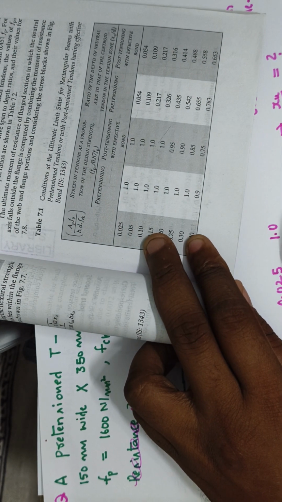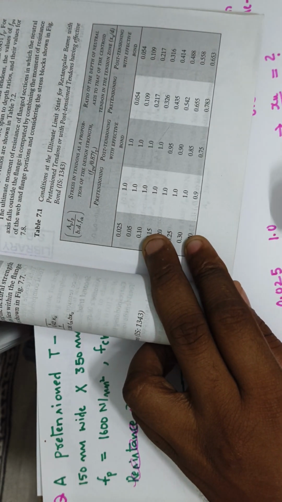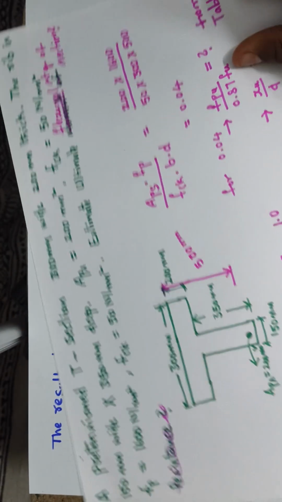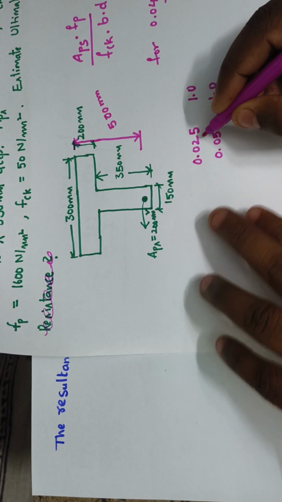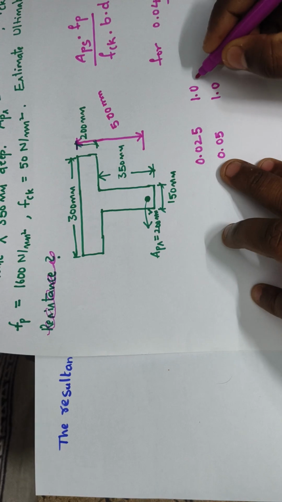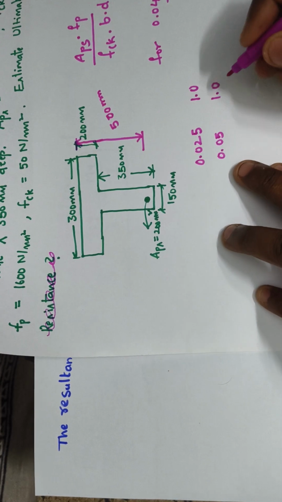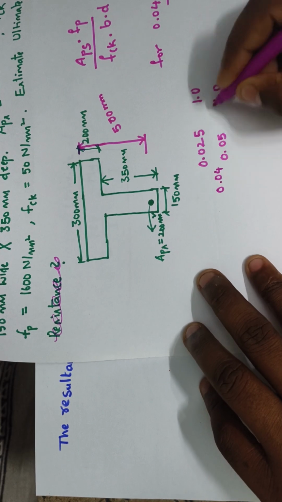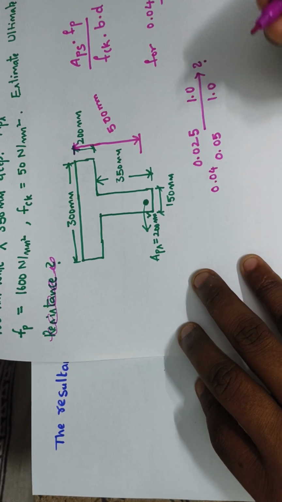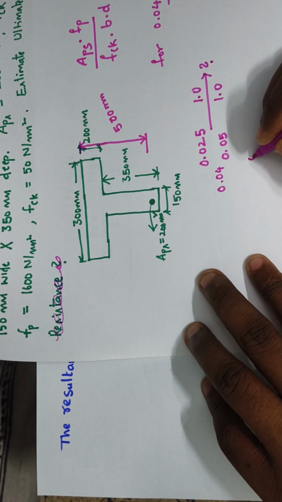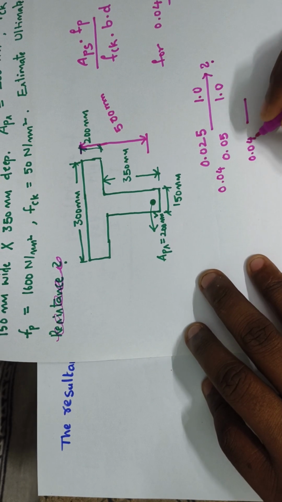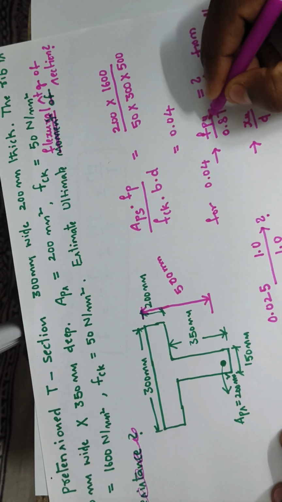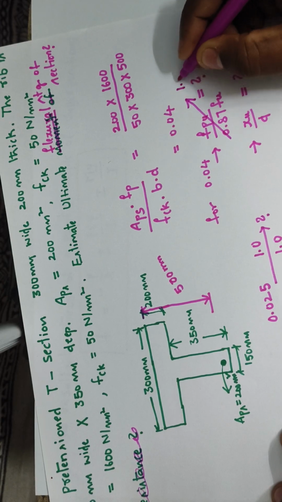For 0.05, the value is also 1. Now we need to determine the value for 0.04, right? It is very clear that for 0.04 also the value is 1.